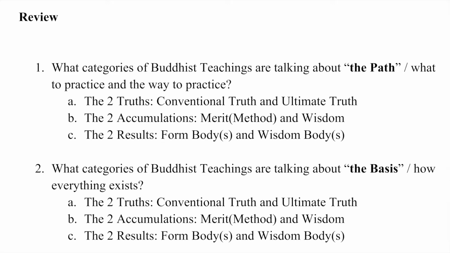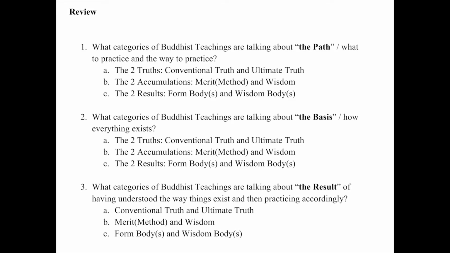Just your best guess. 3. What categories of Buddhist teachings are talking about the result of having understood the way things exist and then having practiced accordingly? A, conventional truth and ultimate truth. B, merit and wisdom. C, form body and wisdom body. The result.